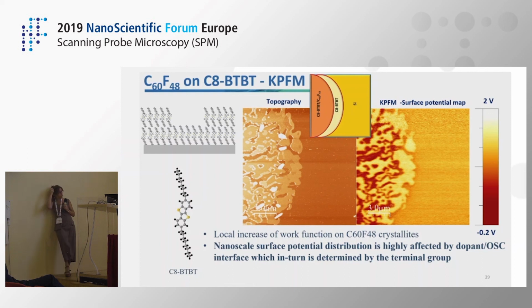So with this, I want to finish. What we show is that, depending on the particular semiconductor, there is a nanoscale surface potential distribution, which is due to the nucleation or growth of the dopant on the surface, and this is in turn determined by the terminal group of the organic semiconductor.